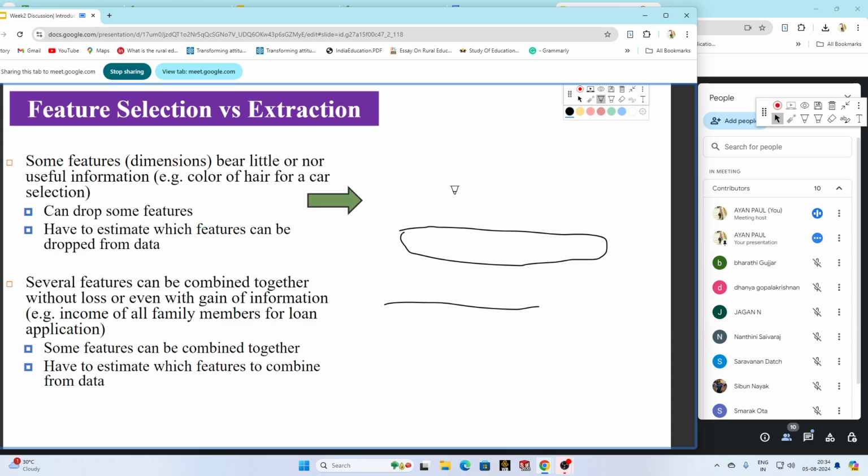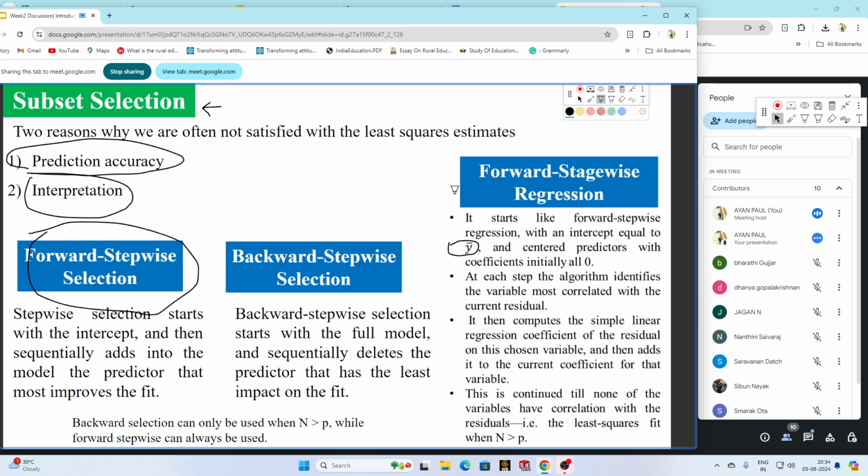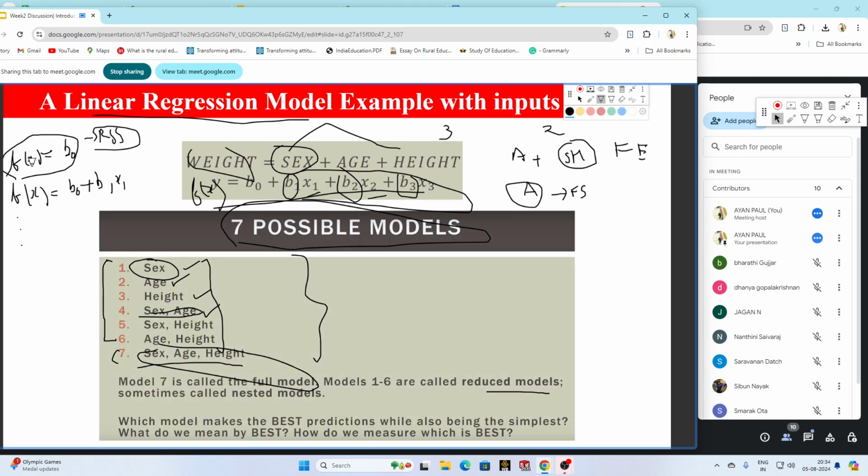We have a third method called forward stage-wise selection. In forward stage-wise selection, we start with our intercept, beta naught or y bar, anything you call it.